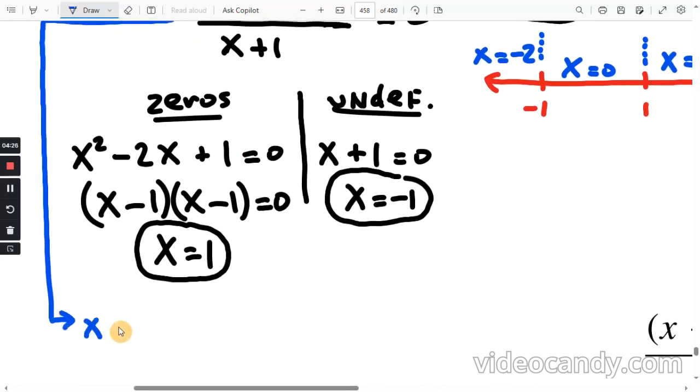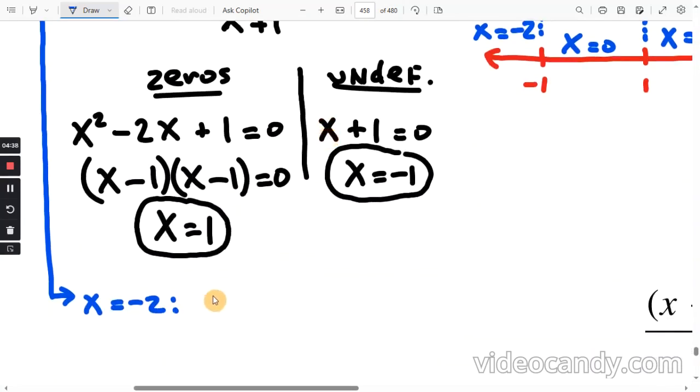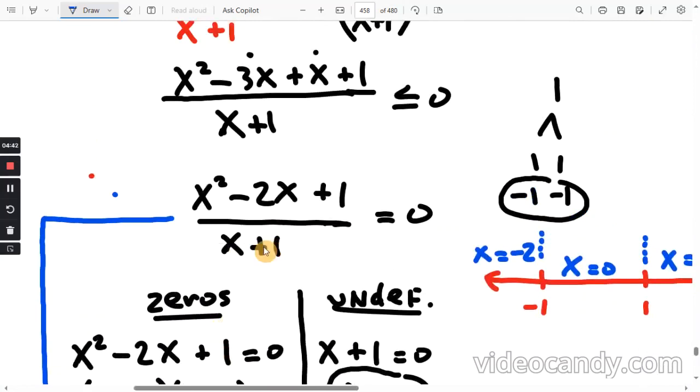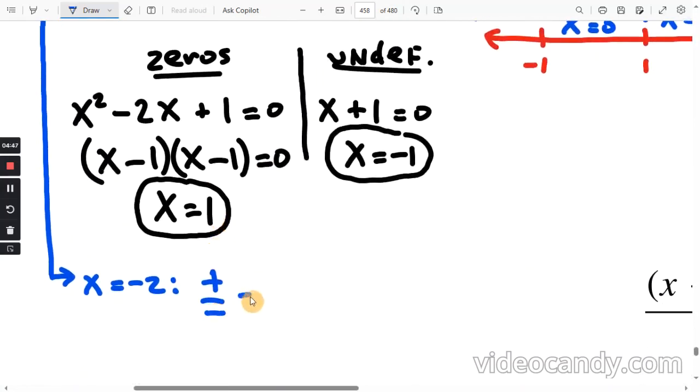So let's see, we're going to start with -2. All right, x equals -2. And what do you get? Negative 2 squared is 4. Negative 2 times negative 2 is 4. 4 plus 1 is positive in the numerator. Negative 2 plus 1 is negative. So positive divided by negative is negative.